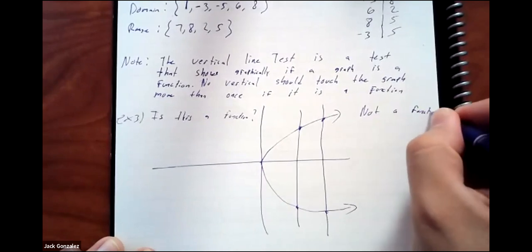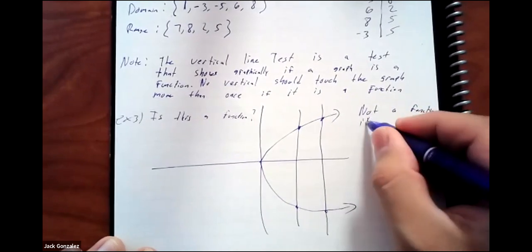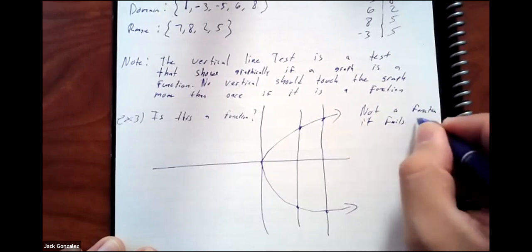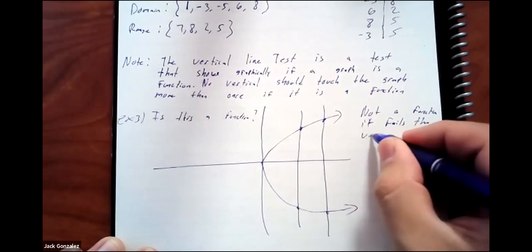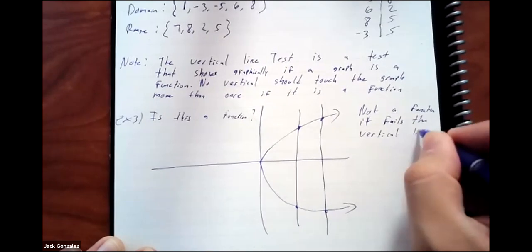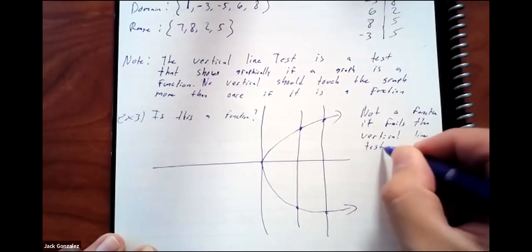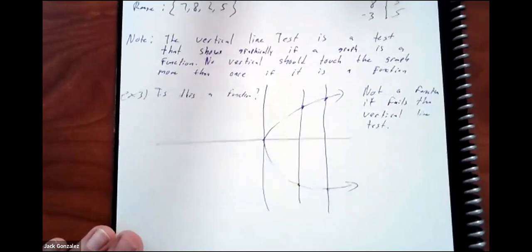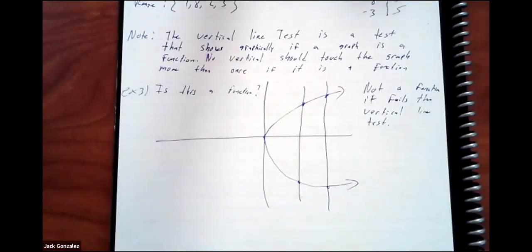Not a function. It fails the vertical line test. So those inputs have two outputs. That person has 2 cell phones.